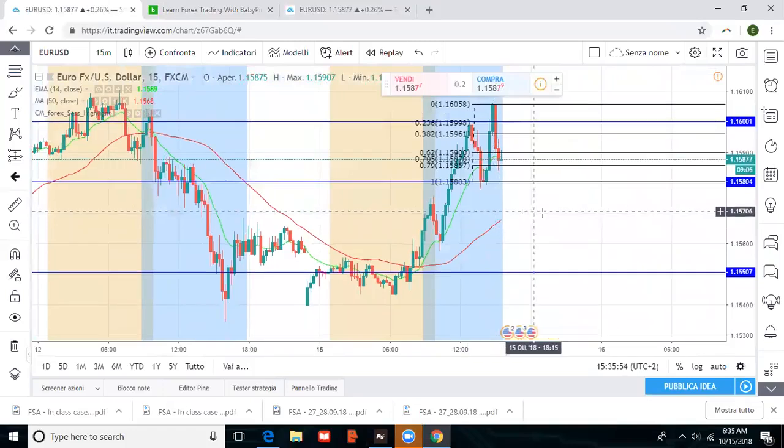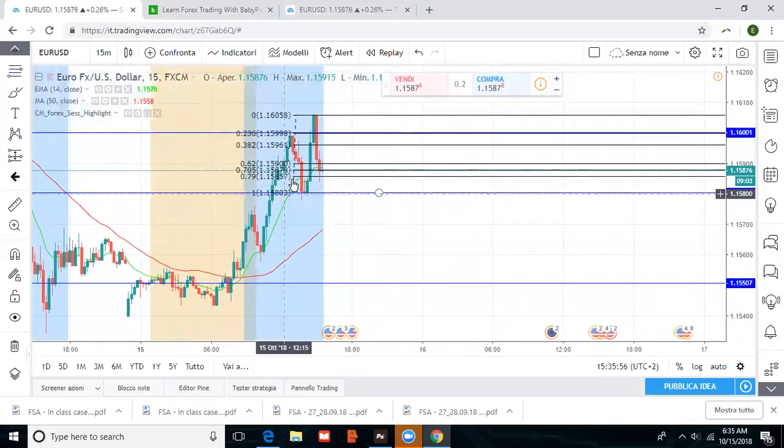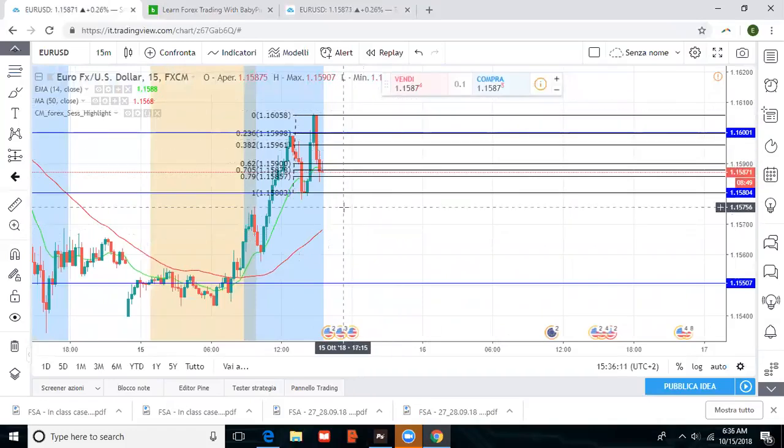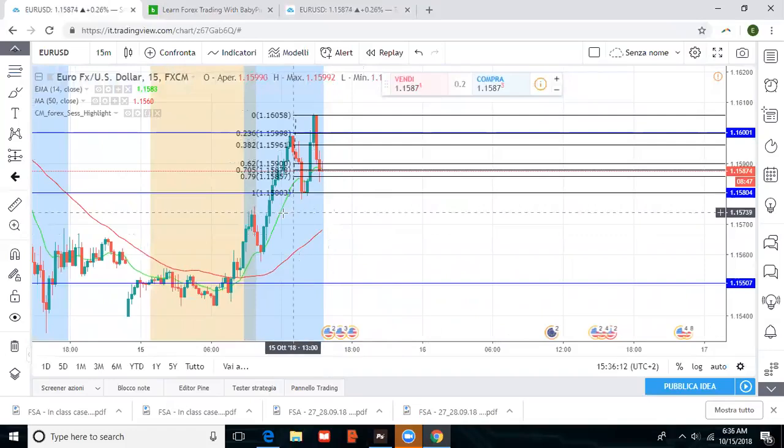And that's it. Now I was checking this, and the bounce actually happened. So we're going to see if it goes up again, and if it does, we're fine.